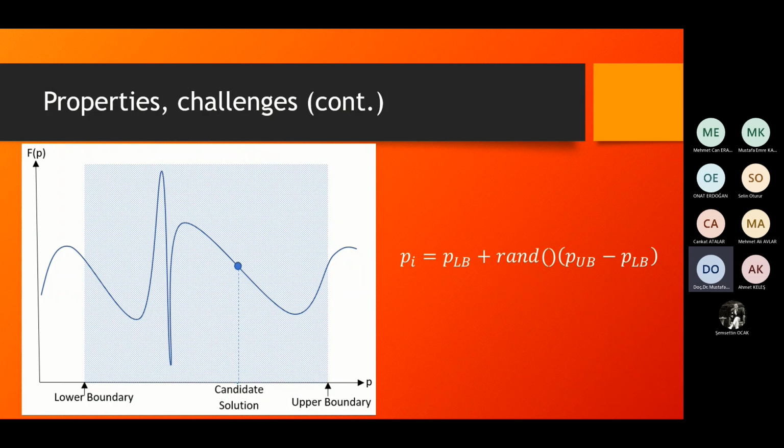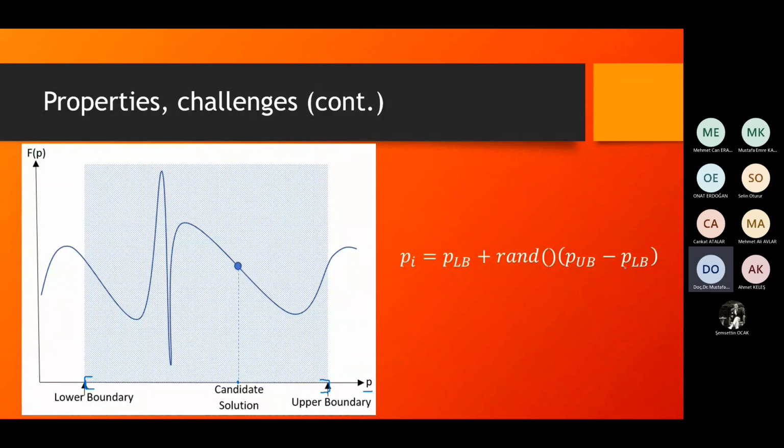A candidate solution will be any random value between the lower and upper boundary of P. So what we should do is calculate a random position on P within the lower and upper boundaries. The formula is in here, and we checked it.